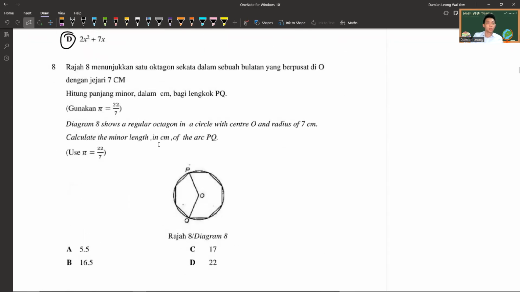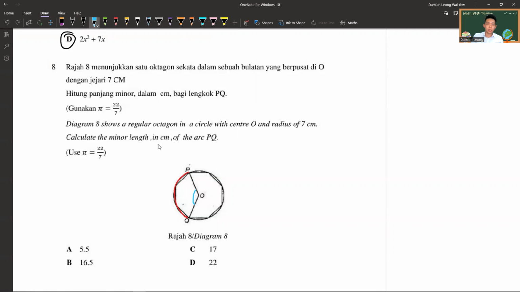Question 8. So I have a regular octagon inside a circle, radius 7 cm. Calculate the minor length in cm of the arc PQ. Minor length means this length of arc. So to find length of arc, basically I want the angle.